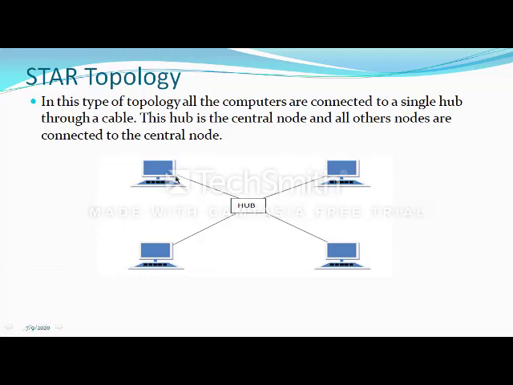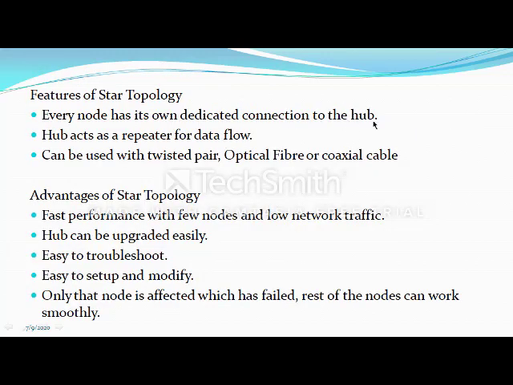See here, this node is connected to this node, this node, this node. But there is no connection between these two, these two, these two. Each and every node is connected to the hub. It acts like a repeater for data flow.